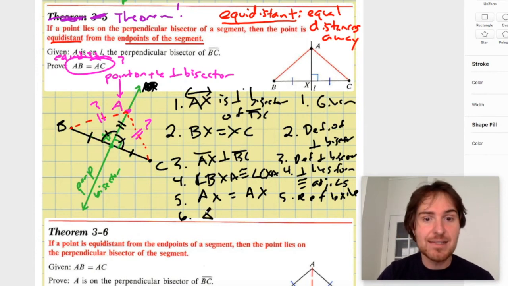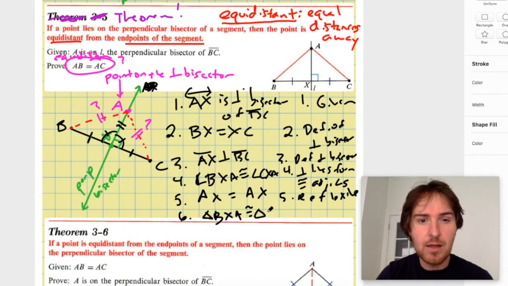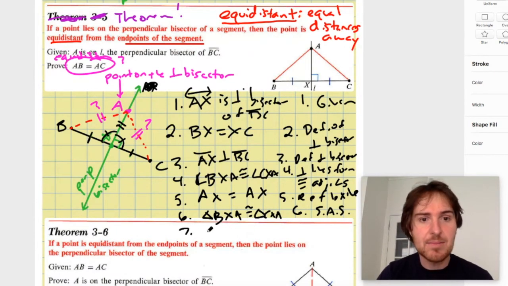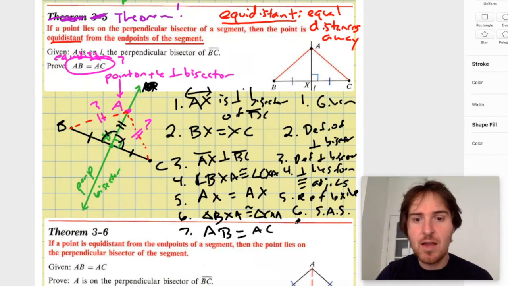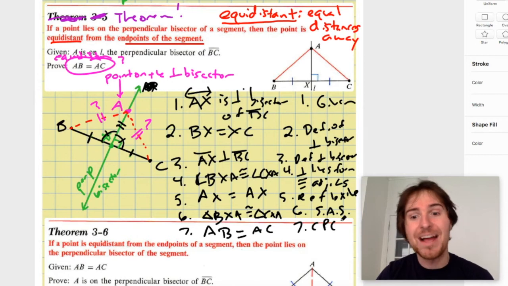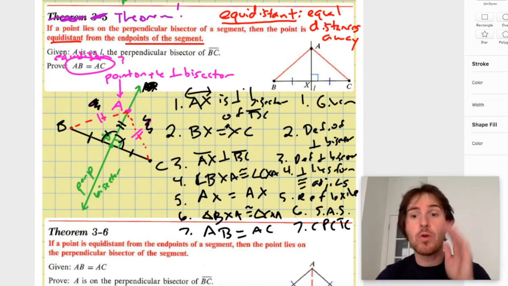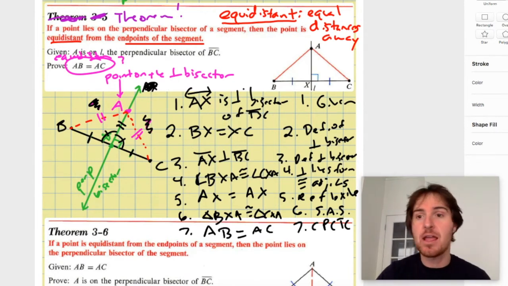So because I can get triangle BXA congruent to triangle CXA by the SAS congruency postulate, then statement 7, AB equals AC, and we've solved what we wanted to prove by CPCTC. Again, these are corresponding parts of congruent triangles, so we know they're congruent. We can cross out those question marks here and arrive at our answer.